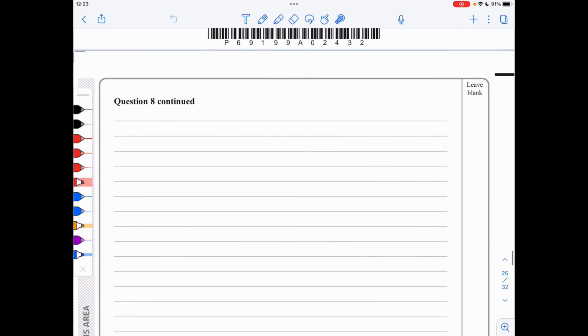We know that at the turning point dy/dx must be 0. So dy/dx here will be 4/3 times 3x squared minus 22x plus k. This simplifies to 4x squared minus 22x plus k.